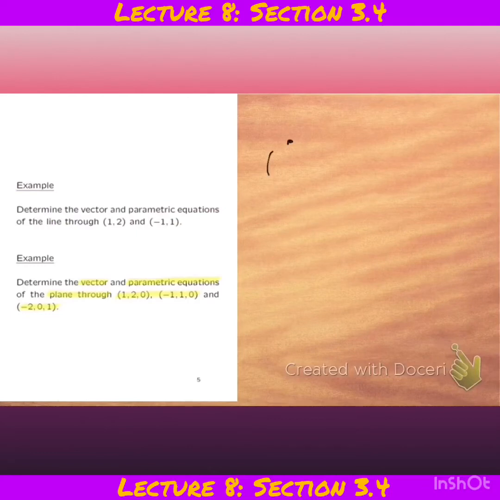We're given the point 1, 2, 0, and we call that point P. We're given the point -1, 1, 0, and let's call that point Q. And let's call this point R, which is the point -2, 0, 1. So we want the equation of the plane that goes through those 3 points.